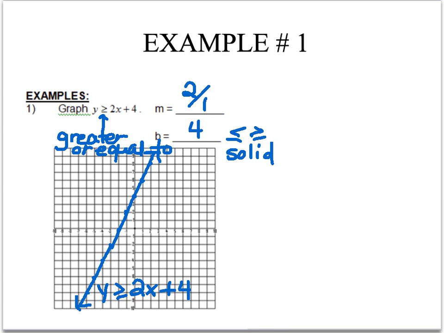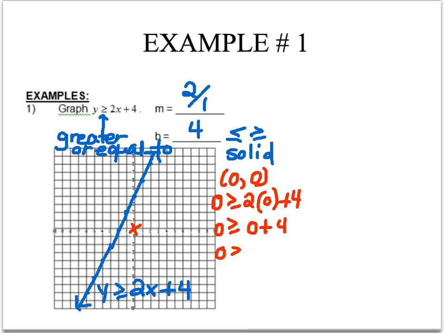But now we're going to take a test point, and we're going to use 0, 0. The coordinates of 0, 0 are x is 0, y is 0. And we're going to use y is greater than or equal to 2x plus 4. So y, which is 0, is greater than or equal to 2 times x, which is 0, plus 4. So I have 0 is greater than or equal to 0 plus 4.